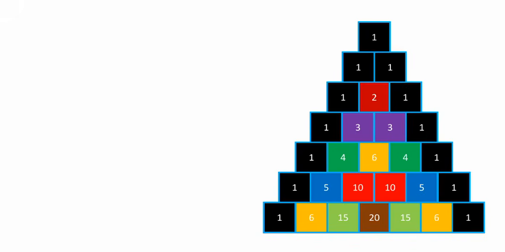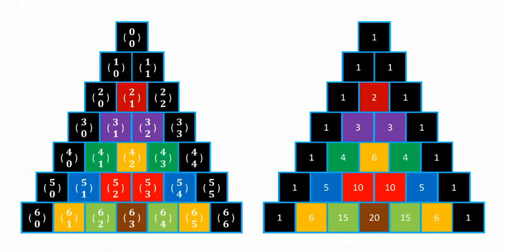Here is the Pascal triangle, and here comes another triangle. Let's establish a one-to-one correspondence between both the triangles. That is, compare this number 1 with this combination 0 choose 0. If we simplify the combination, we get 1. So both these elements are equal.